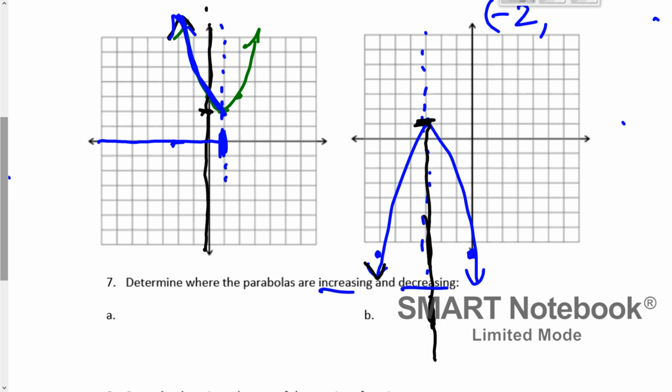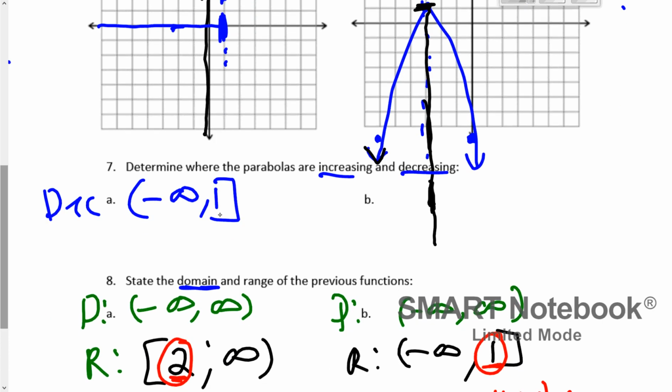This arrow also tells me up, but it also tells me left. So from negative infinity to that x value, 1, it's going down, and it does hit that x value. It's going down, so that's decreasing. And since I have to cover the rest of my domain, I have to go from 1 to positive infinity, because my increase and decrease has to cover my domain.